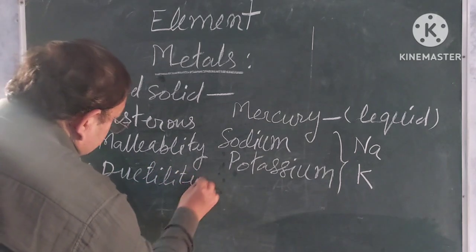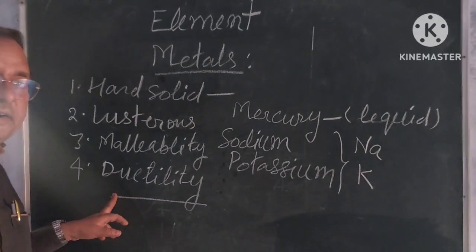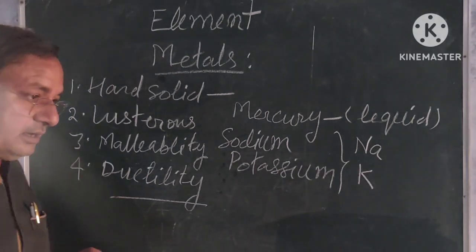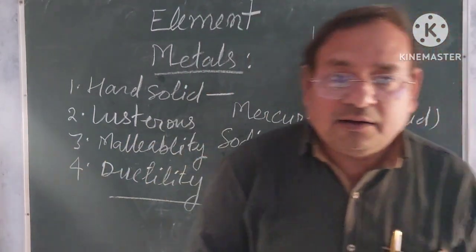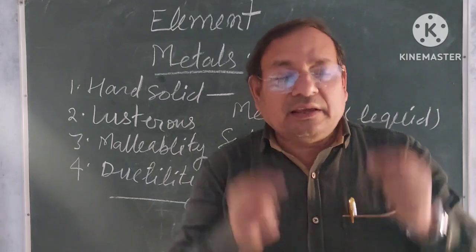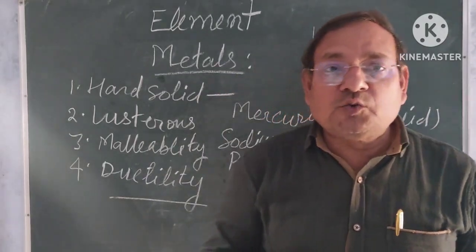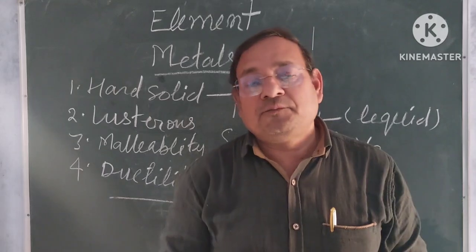Ductility. Okay, I'm going to explain the property of ductility. Ductility is the property of metal by virtue of which metals can be drawn into very thin wire.